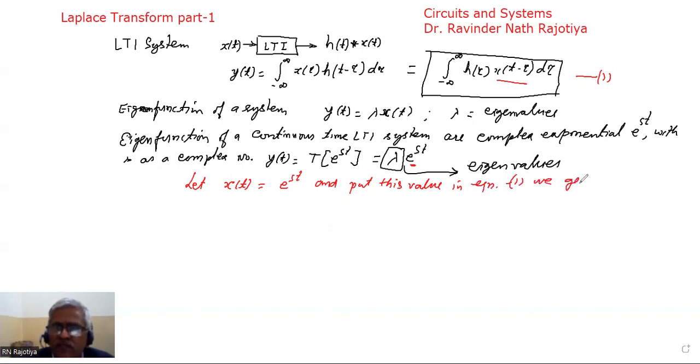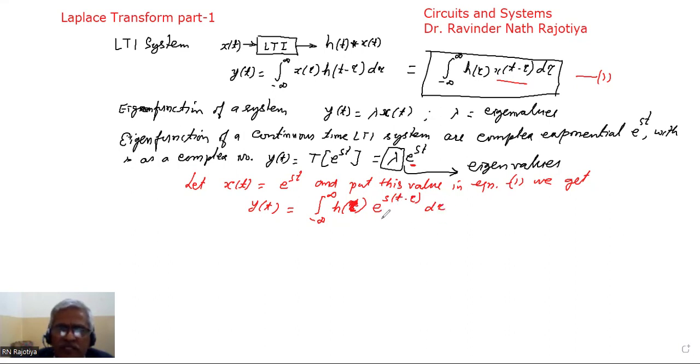Then we get y(t) equal to the integral from minus infinity to plus infinity of h(tau) times x(t minus tau), which accordingly is e^(s(t minus tau)), d tau.